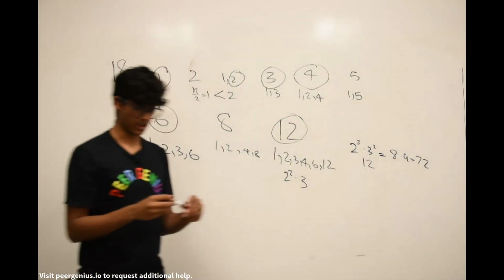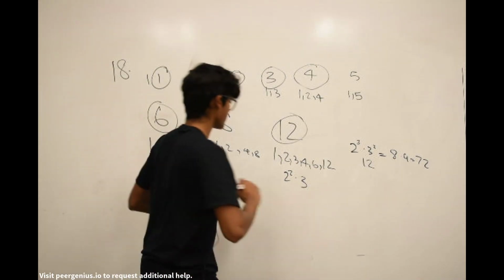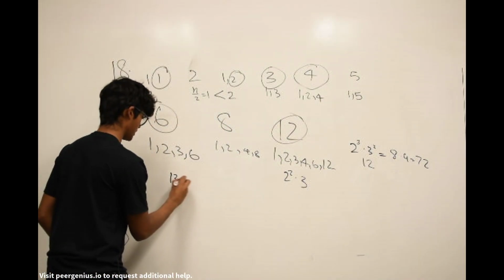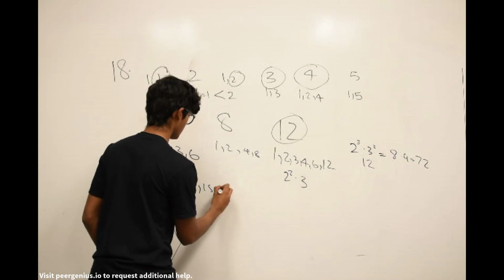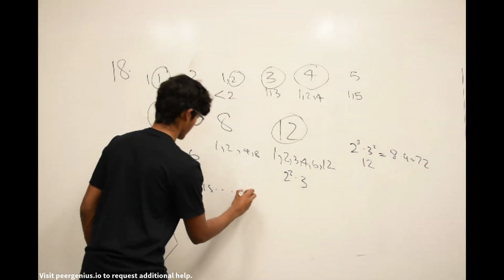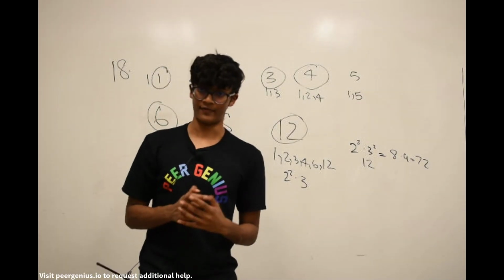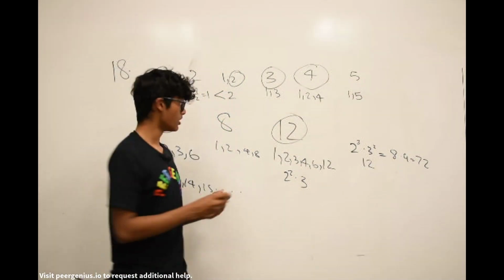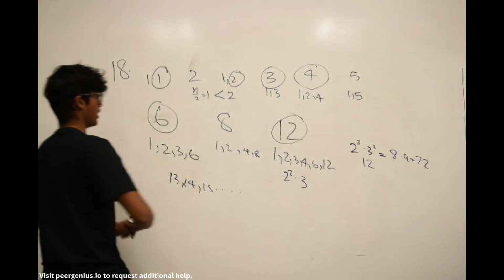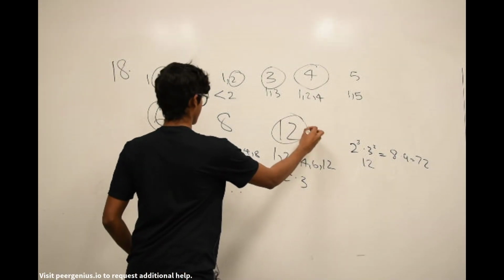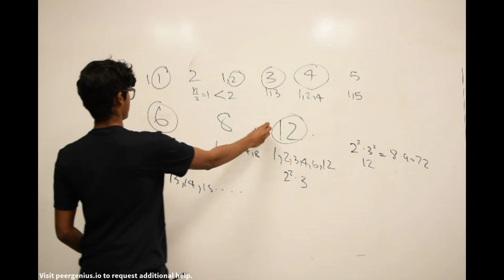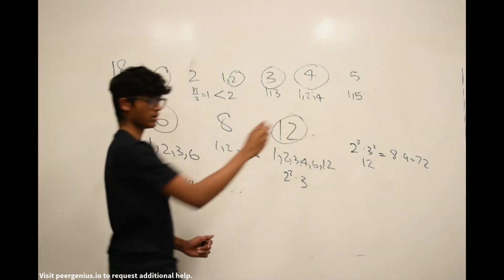So 12 is a lot less than 36. As you get larger, let's say 13, 14, 15, your number is getting a lot bigger than the number of factors you're gaining. So at around 12 here, it stops. So it should just be 1, 2, 3, 4, 5, 6.